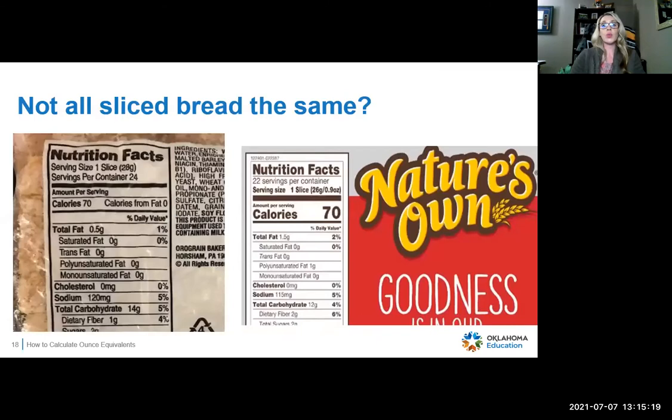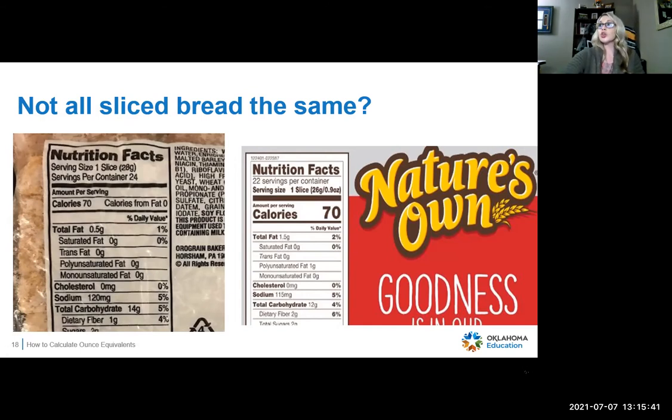But this is the one thing we wanted to show you. We wanted to make sure that you saw this. We have right here 1 slice of bread equals 28 grams. We also have 1 slice of bread equals 26 grams. So you really have to watch this. We've had a lot of issues in schools with this.